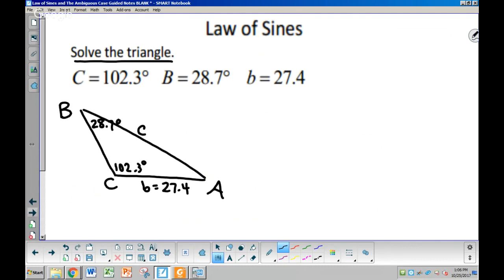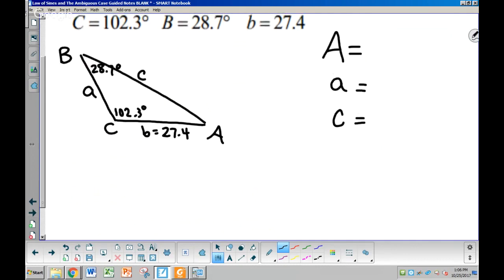I need angle A, and I do a little chart over here so that I make sure I got them all in one place. I need little a and little c. All right. Now I know right away that this is oblique because there's no way this other angle could be 90 degrees, because they must all sum to 180. So I write the law of sines with my given information.